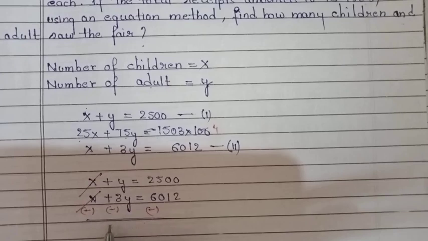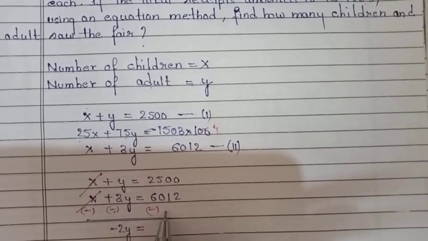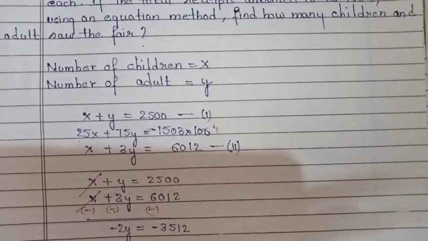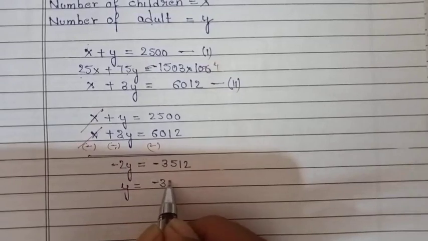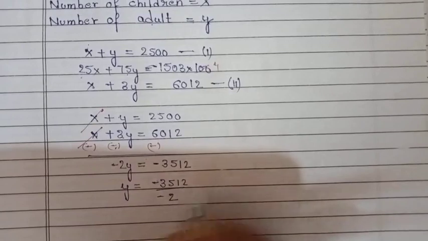3y minus 3y plus y will give us minus 2y is equal to, and when you subtract this you are getting minus 3,512. So from here I can get value of y. So value of y will be minus 3512 upon minus 2.